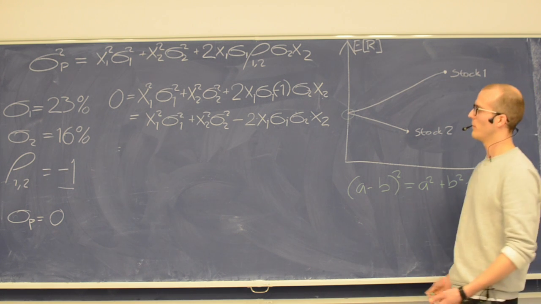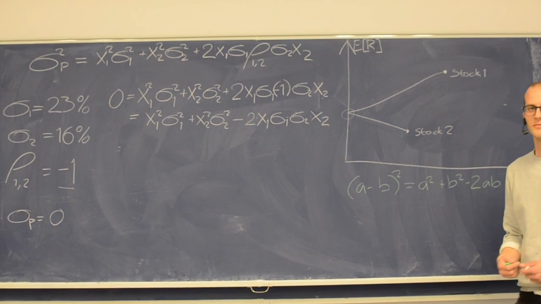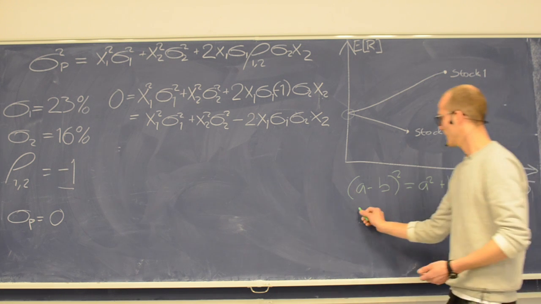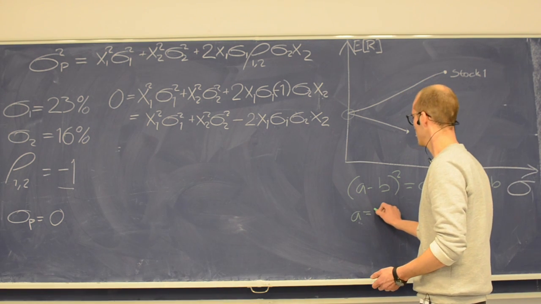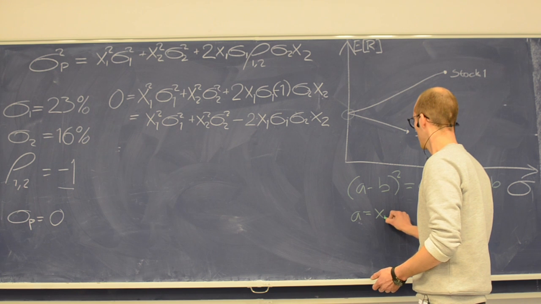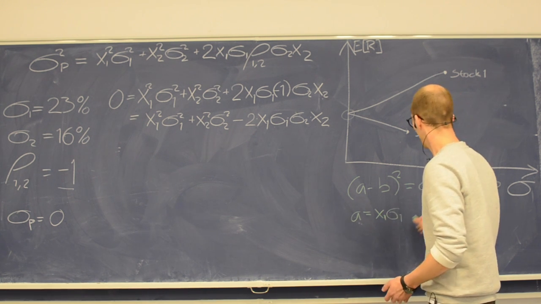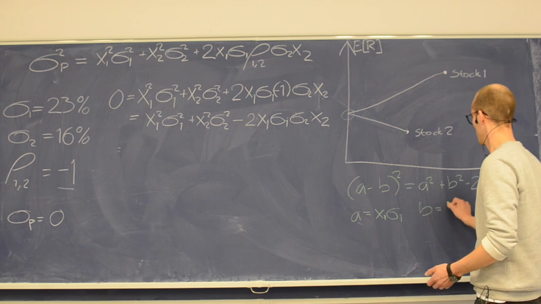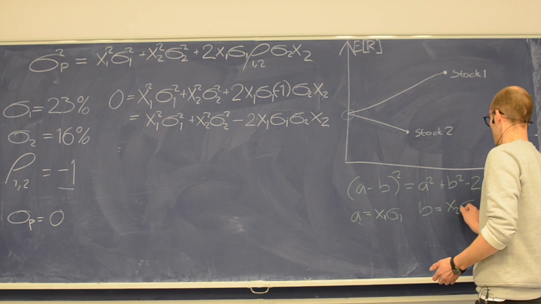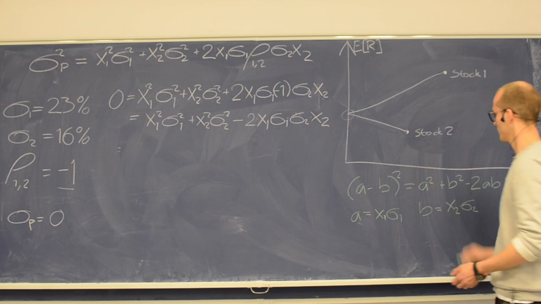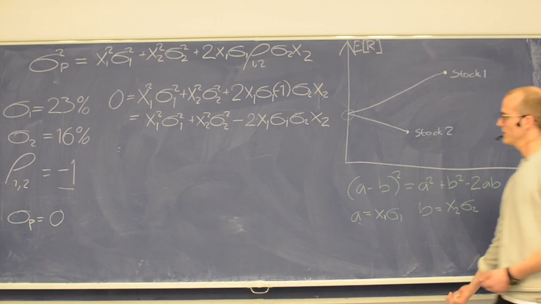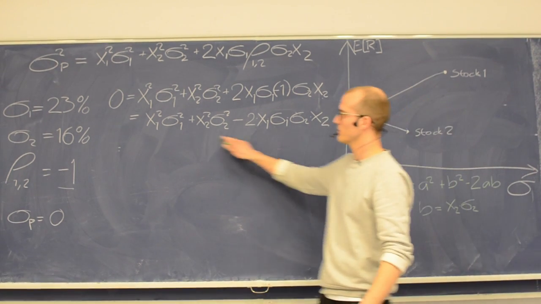This might look familiar with that expression. In fact, if we say that a is equal to the weight of 1 times the standard deviation of 1, and b is equal to the weight of 2 times the standard deviation of 2, we get this exact result.